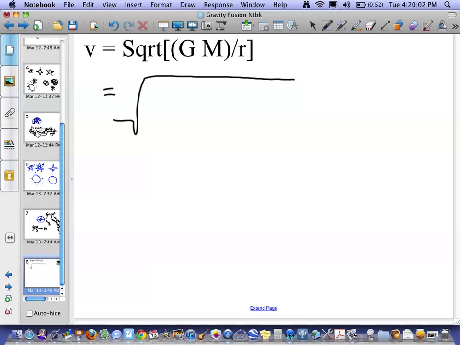And then I'm going to paste in my gravitational constant.